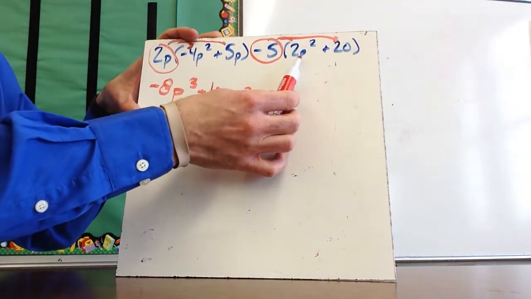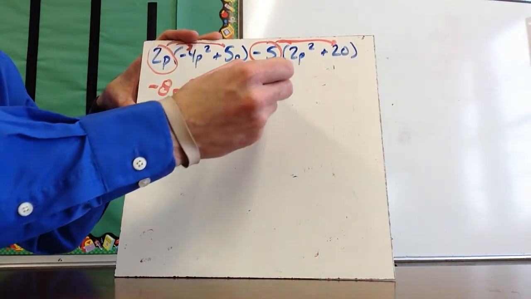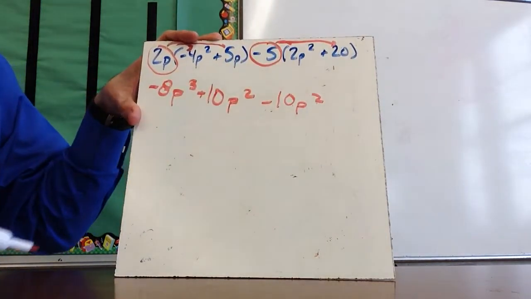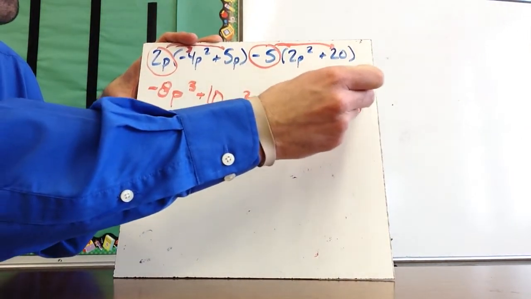Okay, negative 5 times 2p squared is minus 10p squared. And then negative 5 times positive 20 is negative 100.